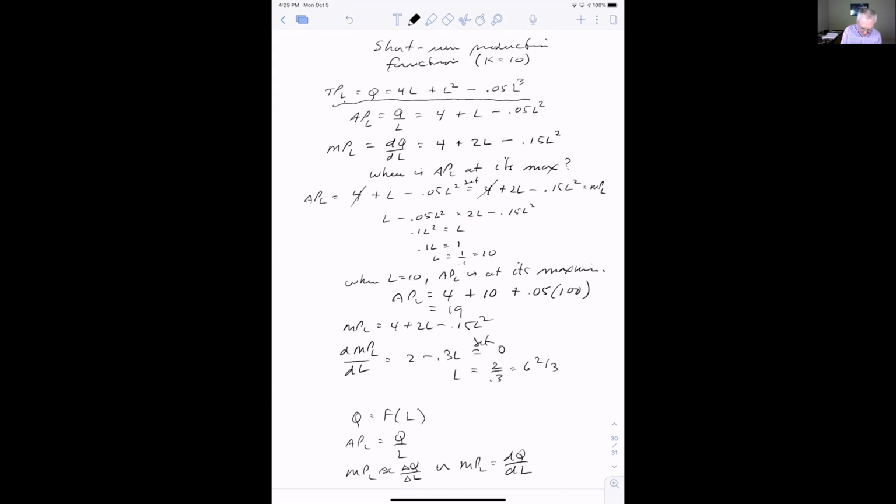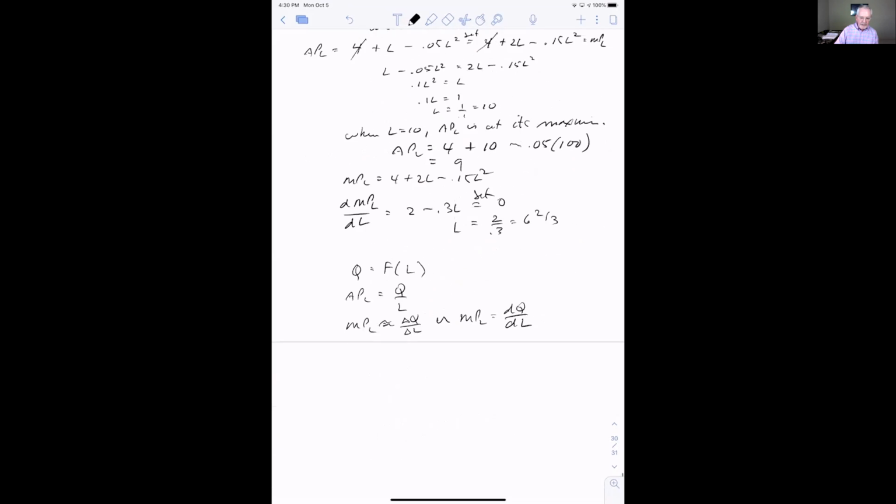And so what I said here was average product of labor then equals 4 plus L, and this should have been a minus 0.05, not a plus 0.05. So I'm going to make this a minus 0.05 times 10 squared. So I've got 14 minus 5. The correct answer there should be average product of labor is 9, not, excuse me, not 19. All right, so that done.